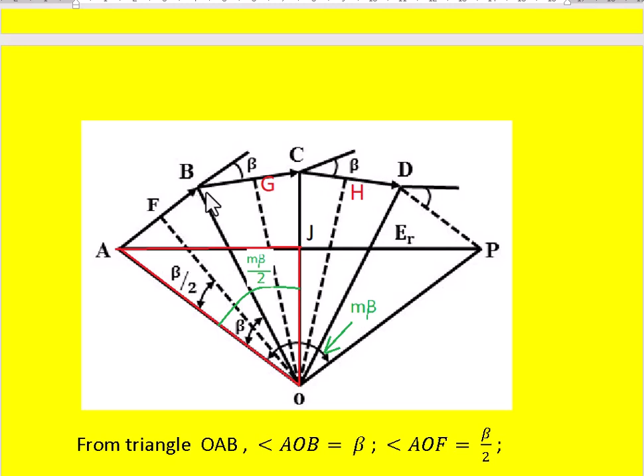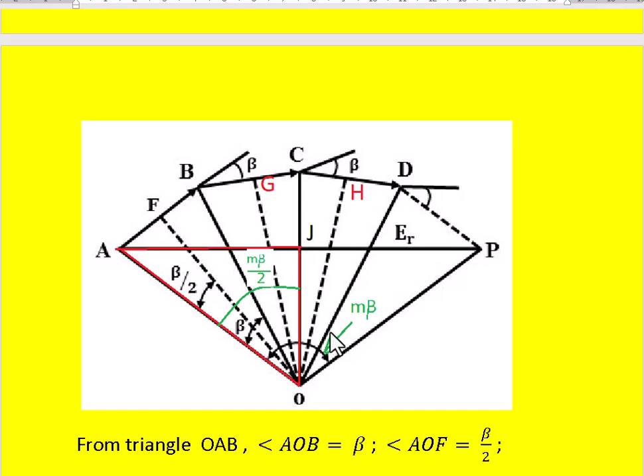Similarly, the CD coil will have a phase difference with the previous coil voltage by beta, but the individual voltage is small e only. This can be extended up to the whole system per phase, that is m number of coils per pole per phase. This is shown by dotted lines like this.